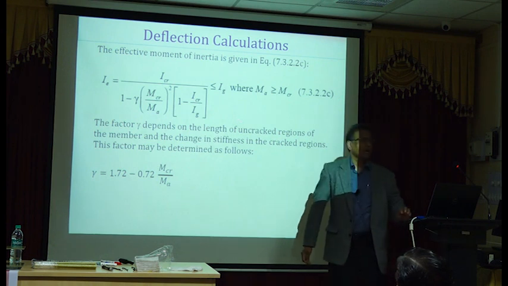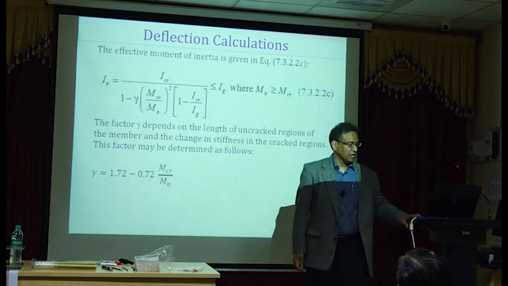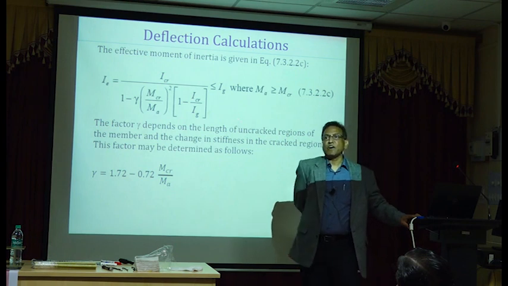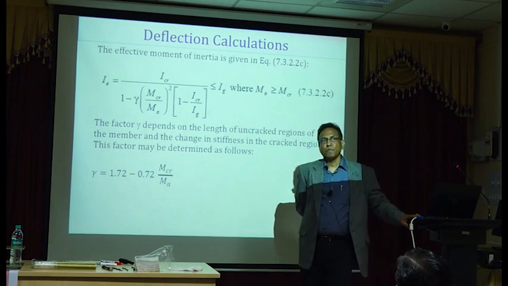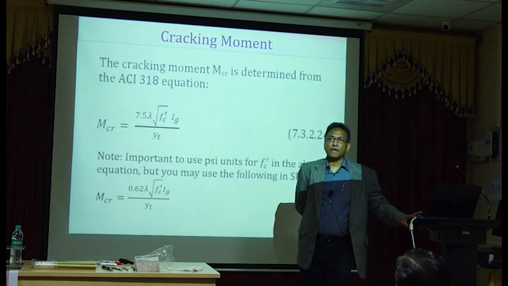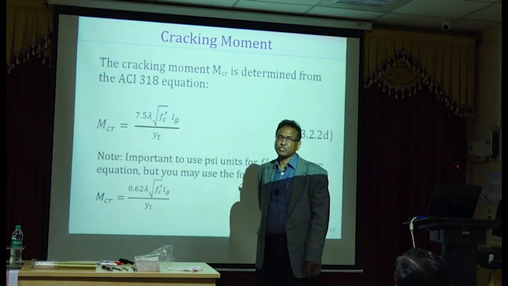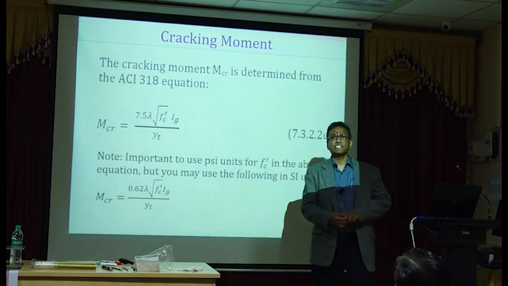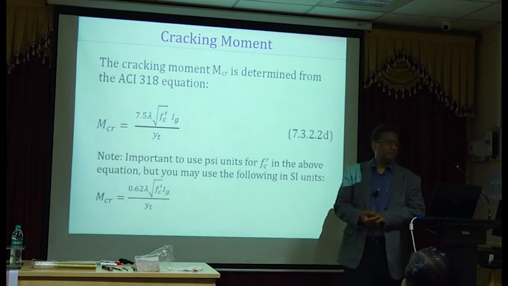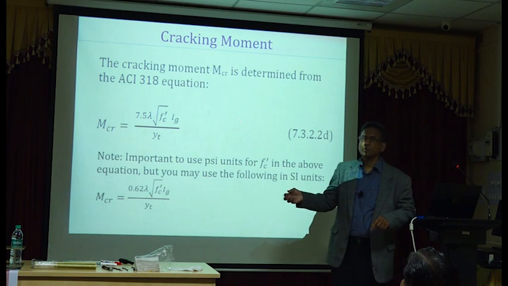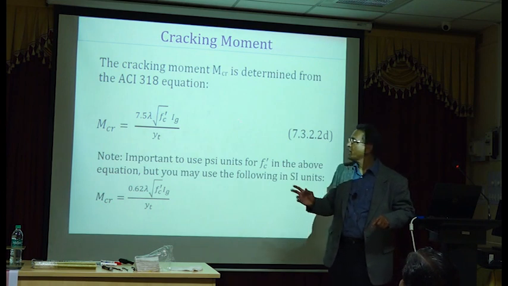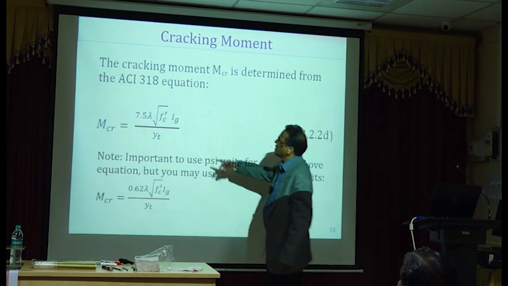Now, how do you find M_cr? M_cr is based on the modulus of rupture, right? That's the flexural tensile strength. I'm not sure in the IS code they call it modulus of rupture, but that's what it is.